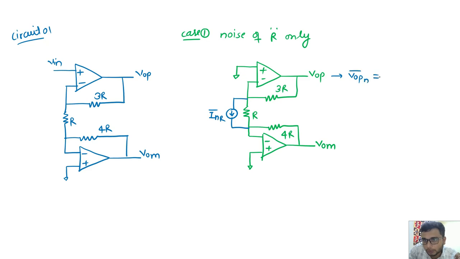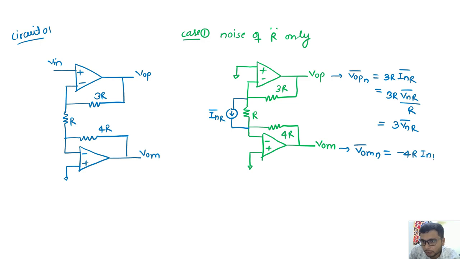VOP noise is this current times this 3R, or I can also write it as 3R times Vn of R divided by this resistor R, so it can be written as 3 VnR. Okay, so what is VOM noise due to this current? Minus 4R times IN of R.